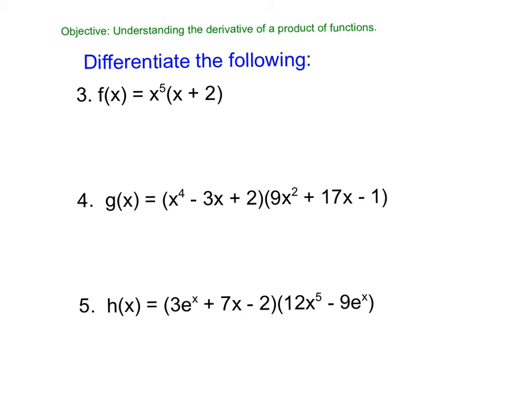All right. So I want you to pause the video and try these. So really focus: f prime g plus f g prime. I always make the first one f, the second one g. Now this first one, number 3, if you want, you can distribute. It's a pretty easy problem to distribute, and then you don't have to do the product rule.